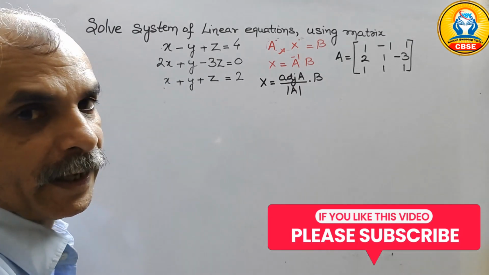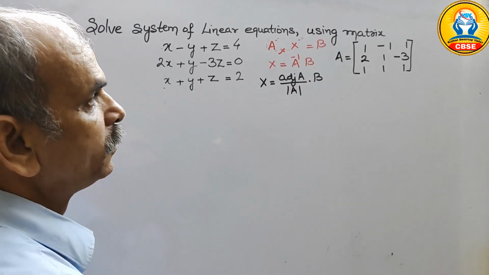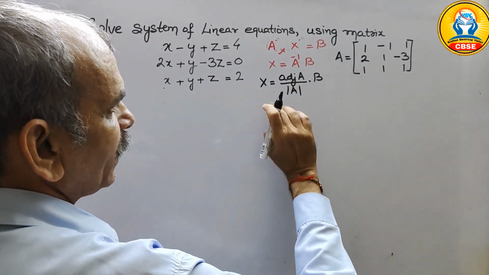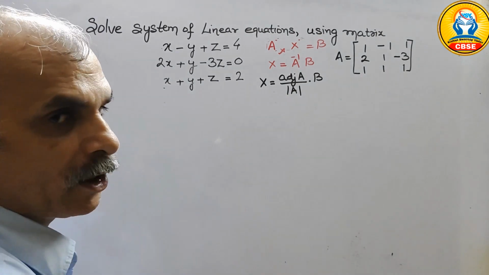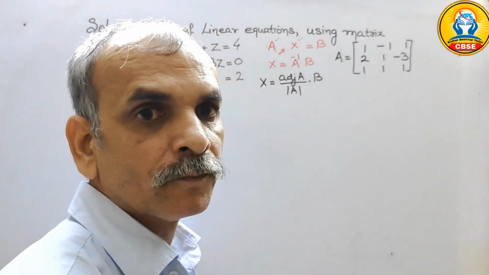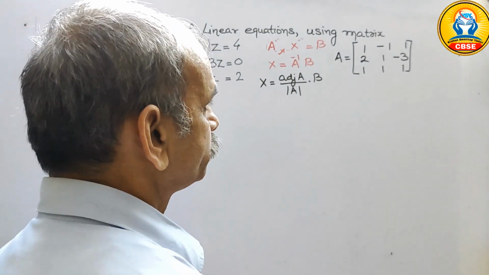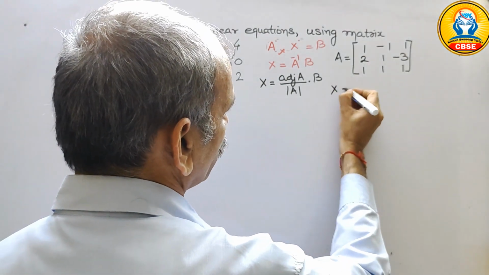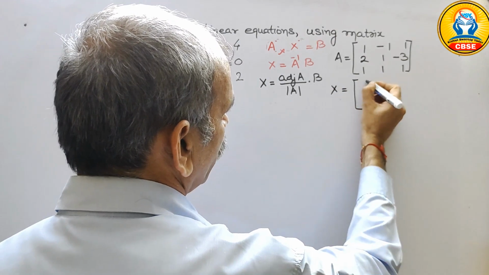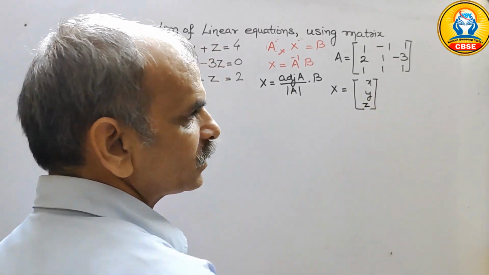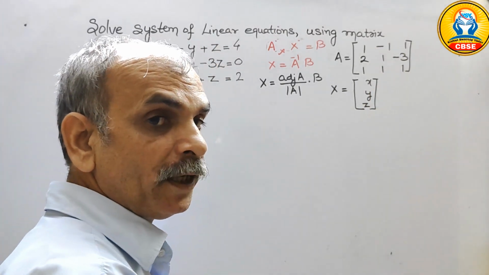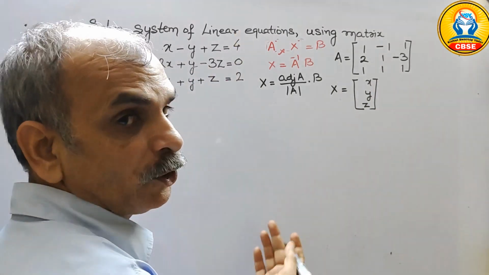Next we will write x. What is the x? x is nothing but the variables. So we can say x is equal to x, y and z. This is your x. What is your B? B is your right side value.